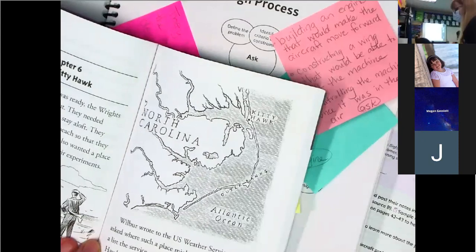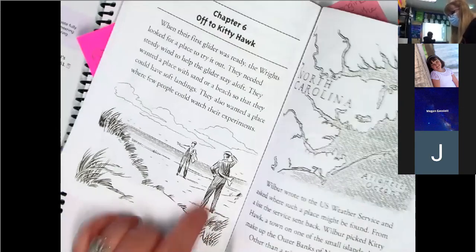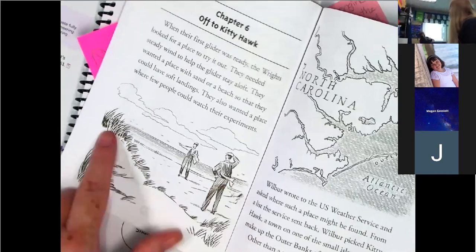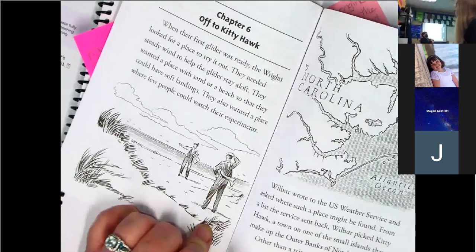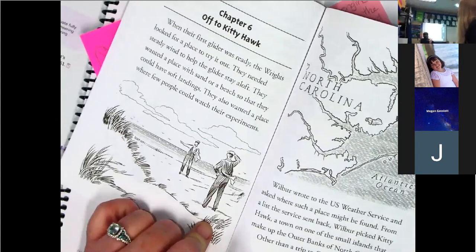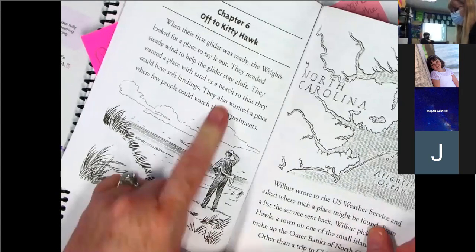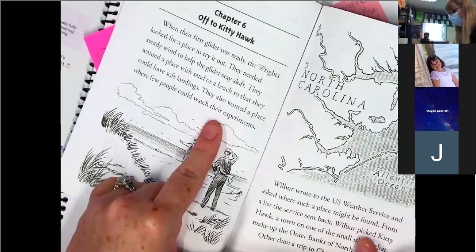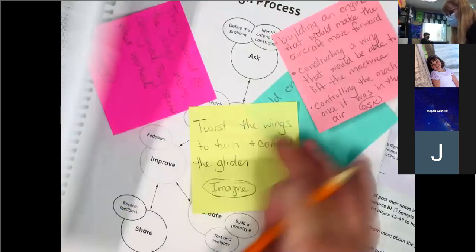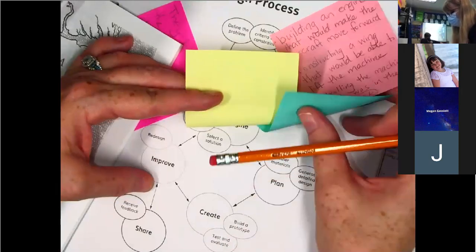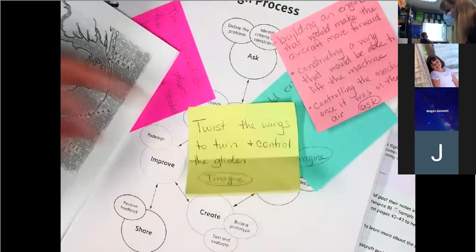But what else do we know about beaches? Look at that picture. They're sandy, yes, but look at their coats and the grass. They're windy, and the wind would do what for their glider? It would make it fly better, wouldn't it? And they needed the wind. Okay, so the fact that they chose the beach tells you they were doing what? Were they planning? They were planning. They chose the place.